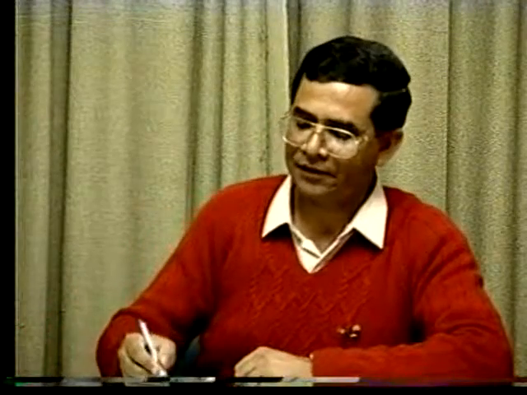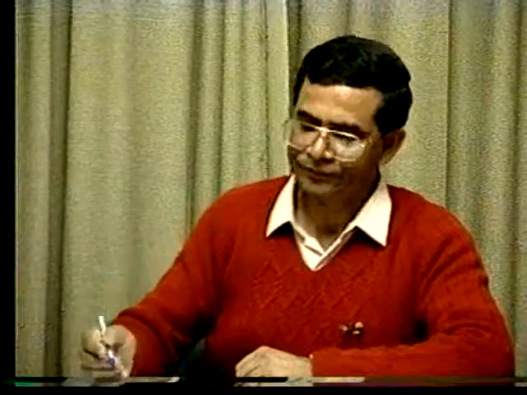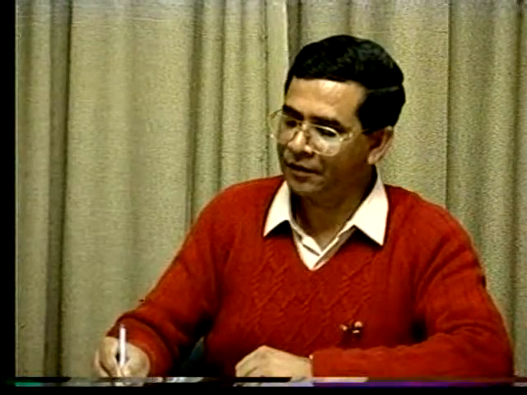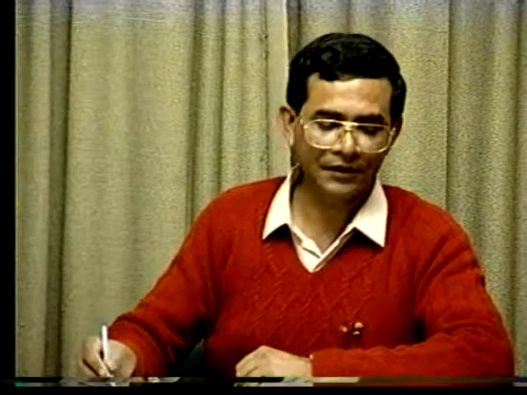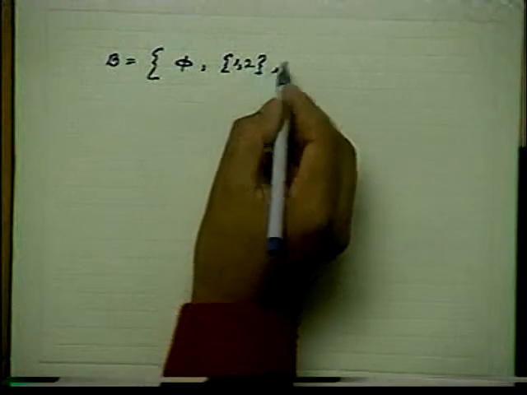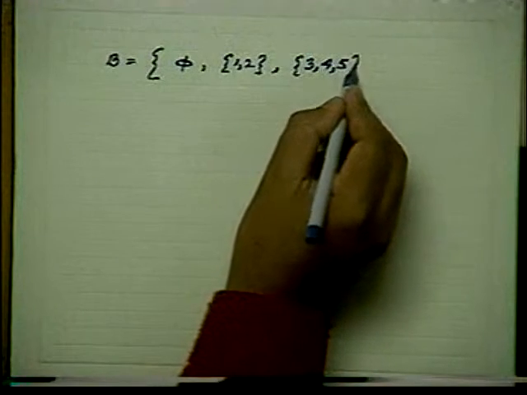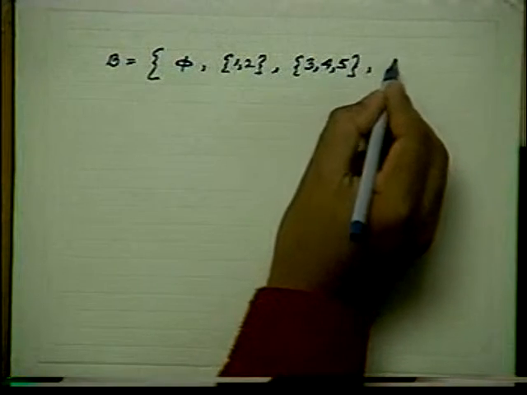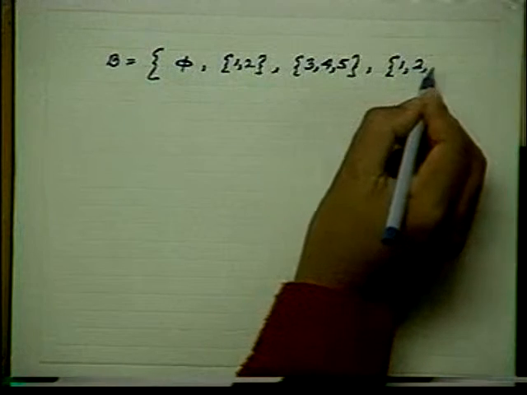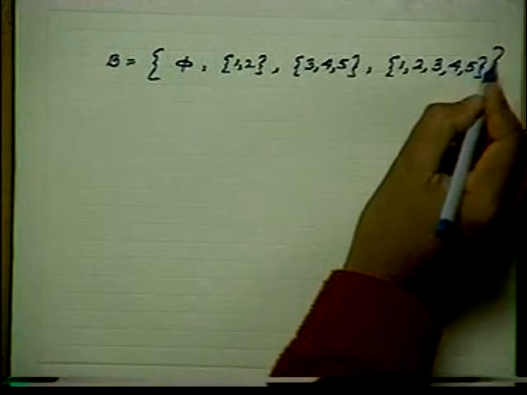Say I take the set B to be a void set, {1, 2}, {3, 4, 5}, and {1, 2, 3, 4, 5}.